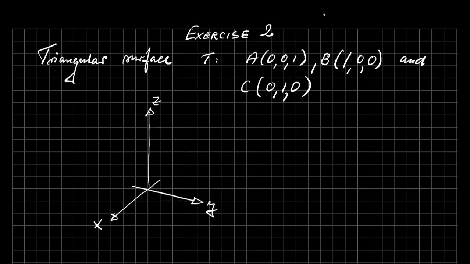If you have the 1 mark on each of these axes, then this is point A, this is point B, and this is point C. So it is this triangular surface that we're looking at. Let me mark this surface.